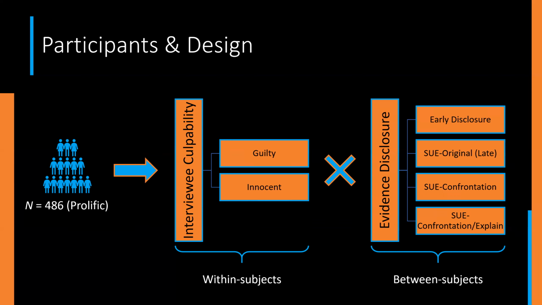Interviewee culpability was within subjects, which meant our participants watched 2 interrogations, one in which the interviewee was guilty, one in which the interviewee was innocent. And evidence disclosure was between subjects. So our participants watched 2 videos, and both videos were of an interrogation that used one of the 4 evidence disclosure methods.